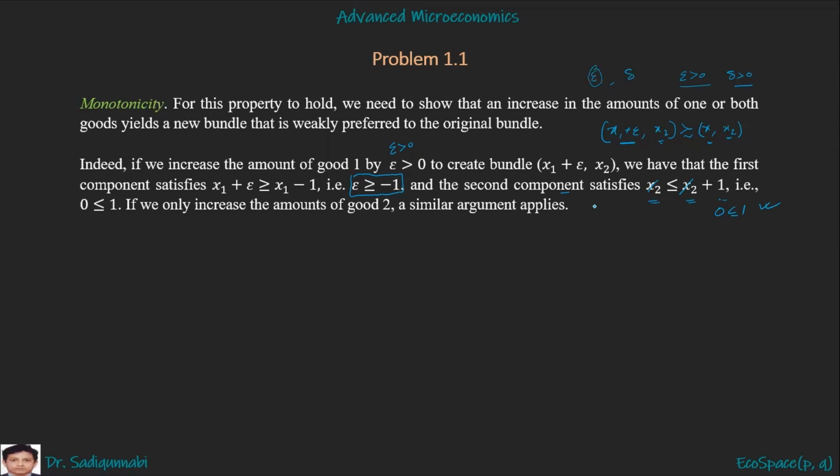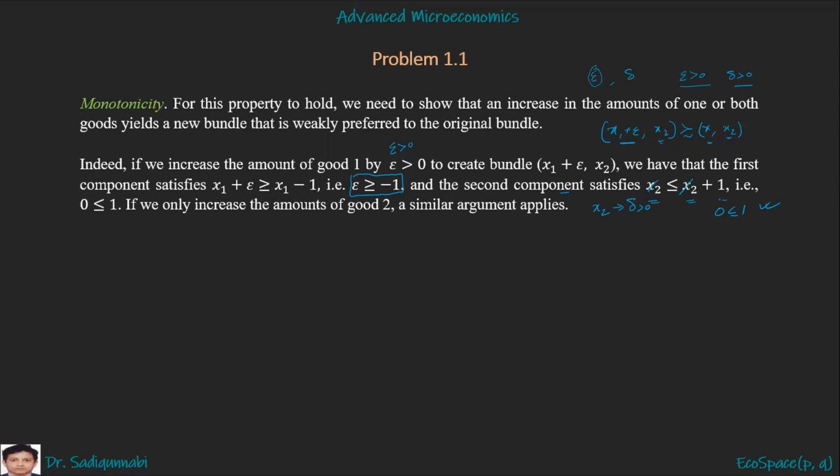Similarly, we can check for good 2 by increasing good 2, that means X2, by a positive delta. We can find the same or a similar result. A similar argument can be applied for the single good X2.